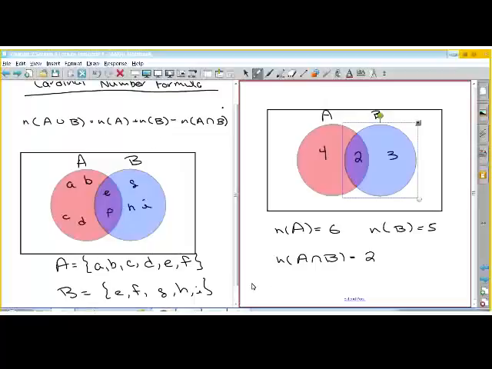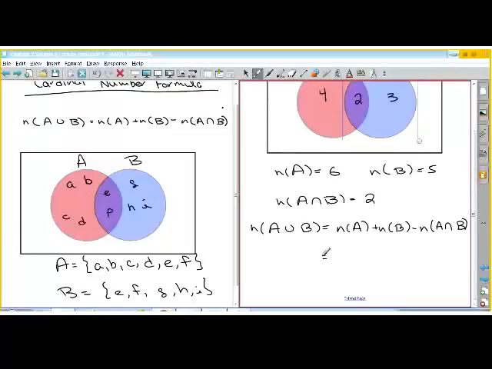So what the cardinal number formula says is that the number of elements in the union of A and B is equal to the number of elements in set A plus the number of elements in set B minus the number of elements in the intersection. So I have all the stuff on the right-hand side, so I take 6 plus 5 minus 2 is 9. So that says that if I did the union of those two sets, I should get 9.